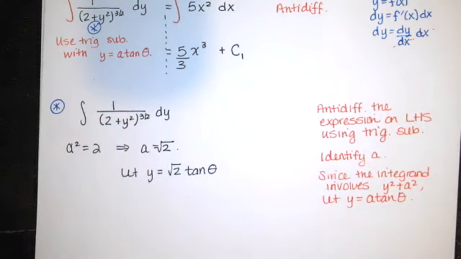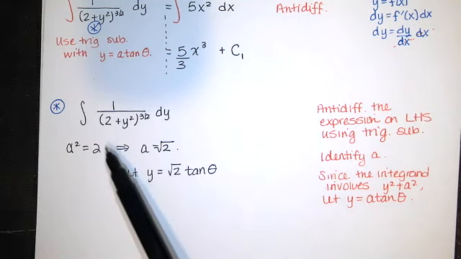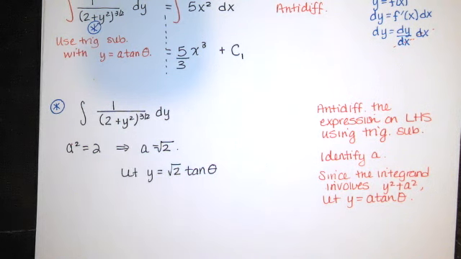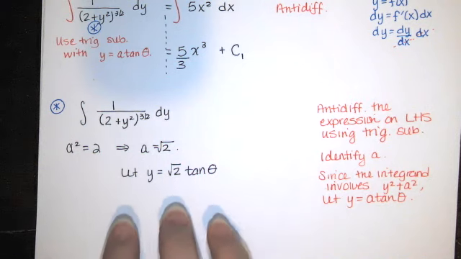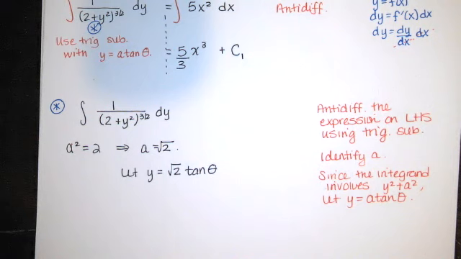Now, when I teach my Calculus 2 students trigonometric substitution, I call this step preparing to substitute, because the idea is if you have an integrand that looks like this and your basic rules do not apply, and u substitution does not apply, and integration by parts does not apply, we will write the entire integral in terms of theta, anti-differentiate, and then we'll use a triangle in order to back substitute and write the final answer in terms of the original variable, in this case, y. So I'm going to call this the preparing to substitute step.